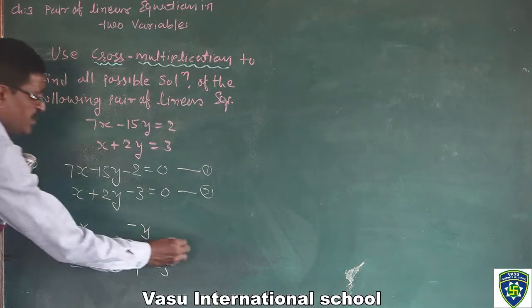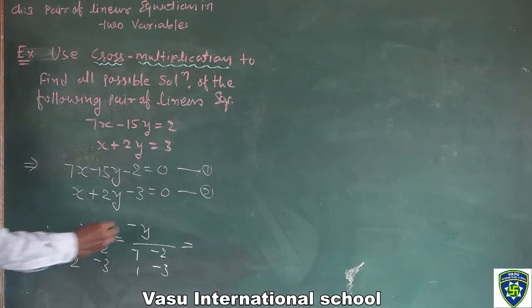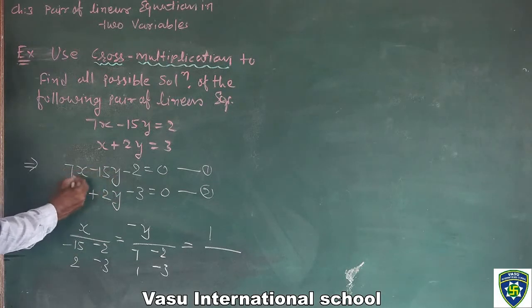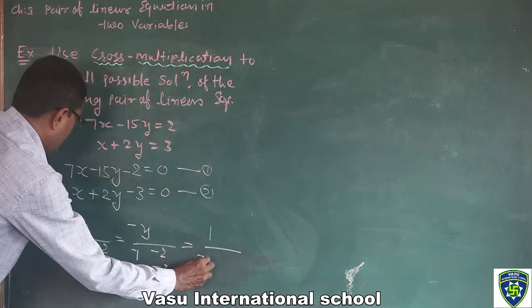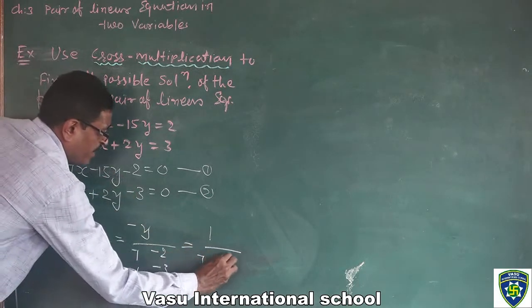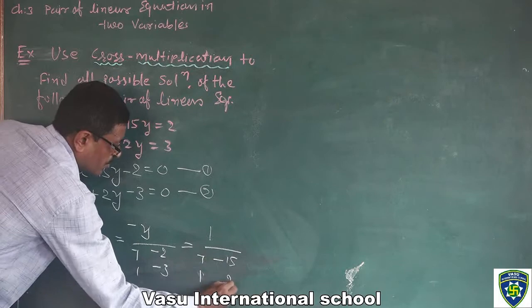Clear? Is equal to 1 upon the coefficients of x and y, 7, 1, minus 15 and plus 2.